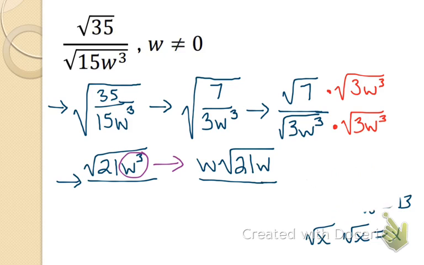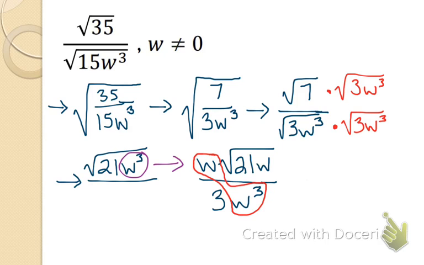So with this same pattern, square root of 3w cubed times square root of 3w cubed, we're going to get that our denominator is just 3w cubed. Okay, but we're not done yet, because lo and behold, we have a w in the numerator, three w's in our denominator.